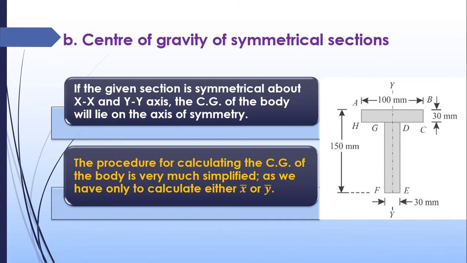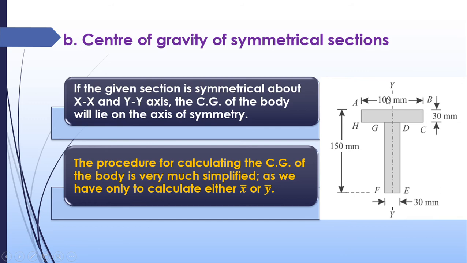Second case is we are finding center of gravity of symmetrical sections. Symmetrical section means here in this figure you can see this is a T section and it is symmetrical. When we draw a line through the center of this section, at left side and the right side it will be equal, it will be symmetrical. So we can say that this is a symmetrical section.